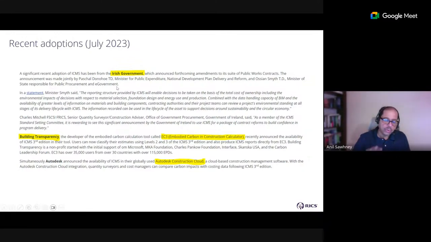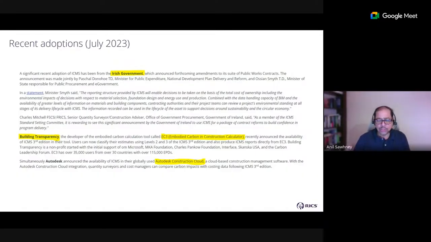But what I want to highlight here is adoption of ICMS, its availability in Building Transparency's carbon calculator, which is called EC3, or embodied carbon in construction calculator. We are going to be running a demo session on EC3, I believe, either tomorrow or the day after.